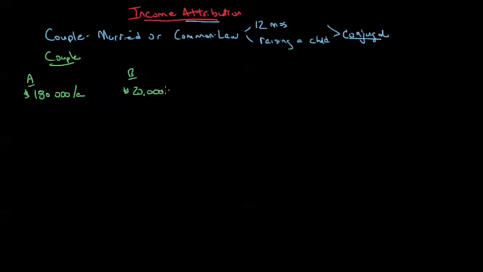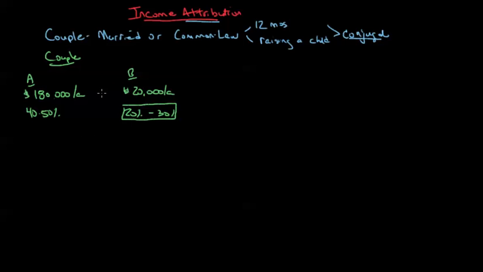Spouse B maybe just works here and there and makes $20,000 a year. So spouse A, depending on the province, is going to be at a tax rate somewhere in the 40 to 50%-ish range, a little lower in Alberta, whereas spouse B is going to be at a tax rate somewhere in the 20 to 30% range. So we can see that we would rather have income in spouse B's hands.